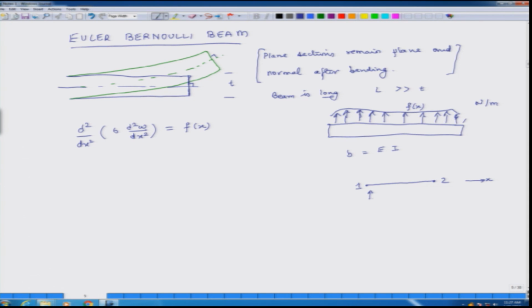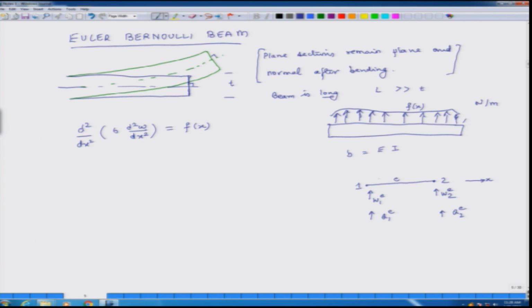So, this is W1 and this is W2, and if it is the eth element, I put superscript E. Similarly, the shear forces: this is Q1E, the shear force at node 1, and this is Q2E at node 2.